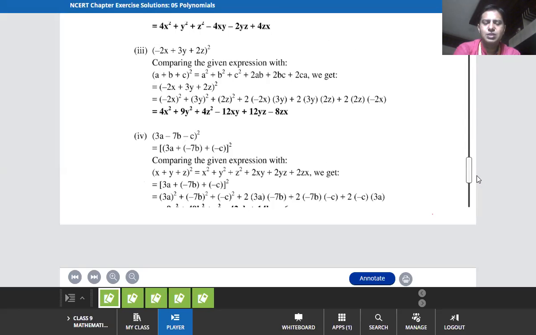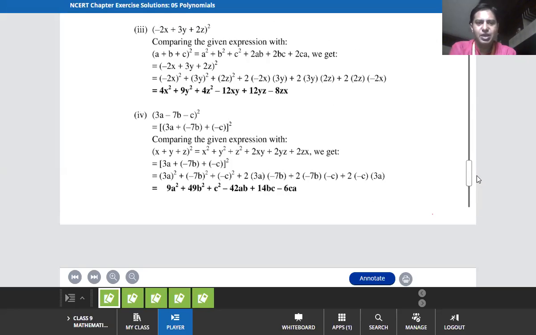Now part 4 says (3a minus 7b minus c) whole square. So we'll apply the identity in the form of x, y, z here because we have the question in the form of a, b, c. It will be better if we compare the question with a different identity.